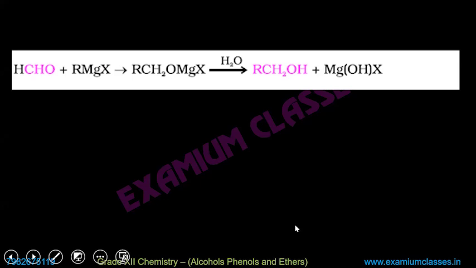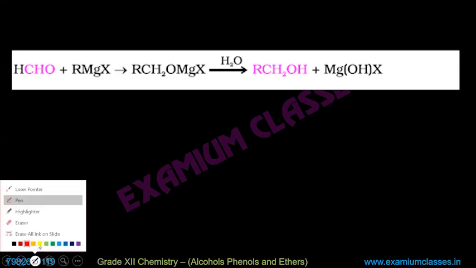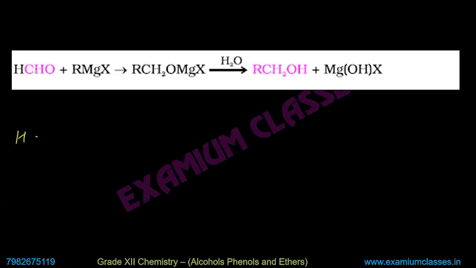So this is an example. The example is that you have CO group here as HCHO, and you have R, MgX. R will have slightly negative charge, Mg will have positive charge. Here it will be positive charge, and this oxygen will have negative charge.